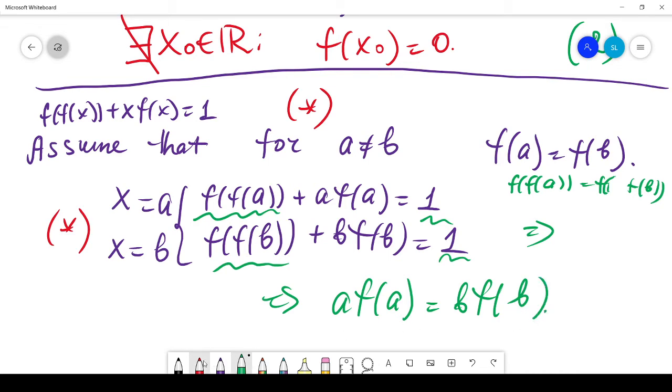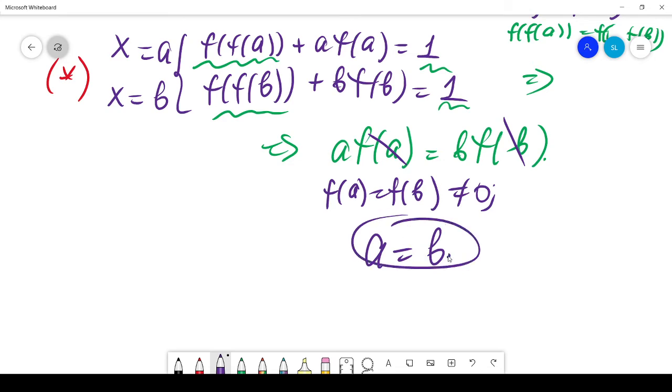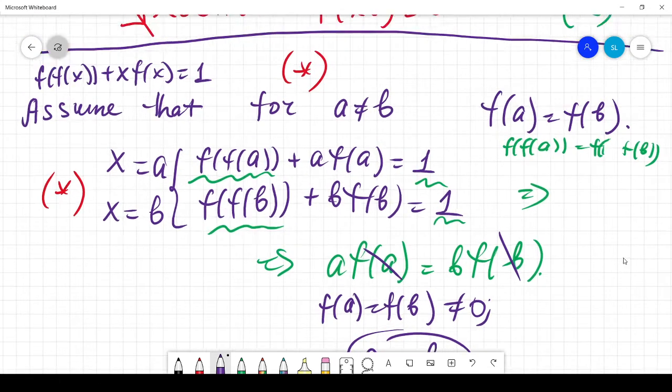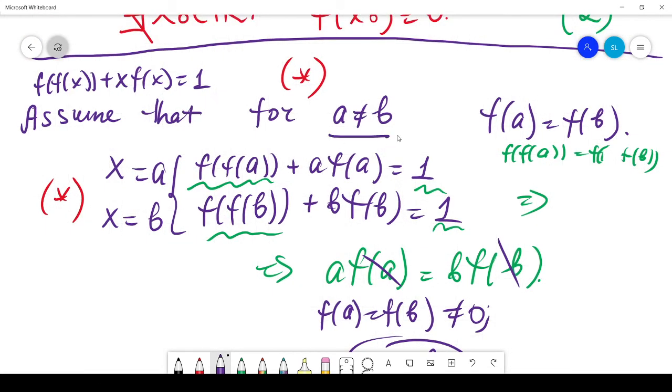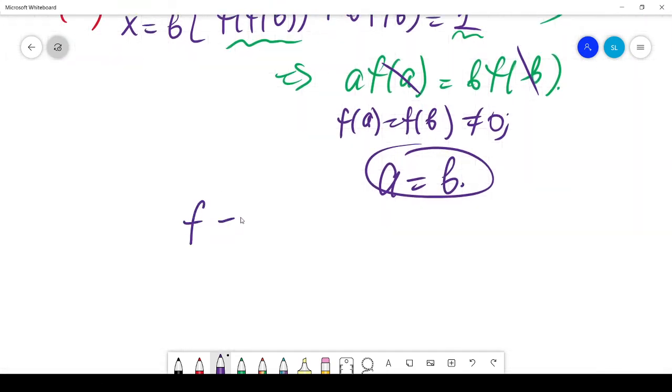We have already concluded that our function has no zeros, and therefore f of a equals f of b, and it is not equal to 0, so we can cancel this out, and we just have a is equal to b, which is a contradiction. Therefore, our function f is injective.